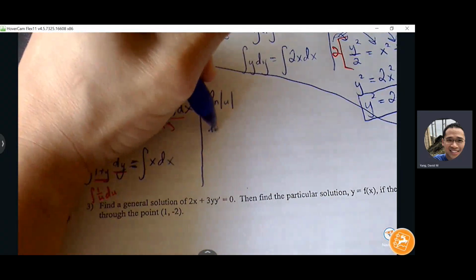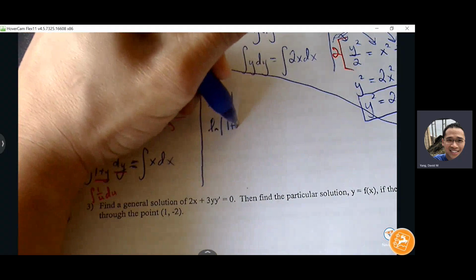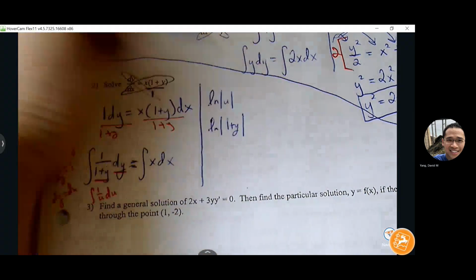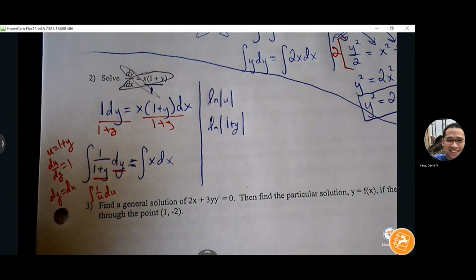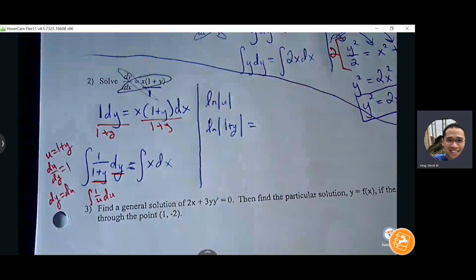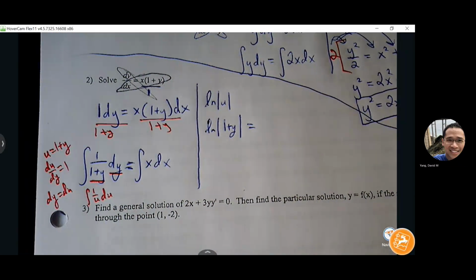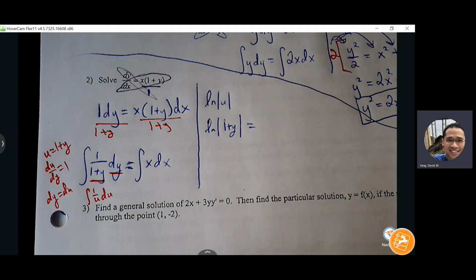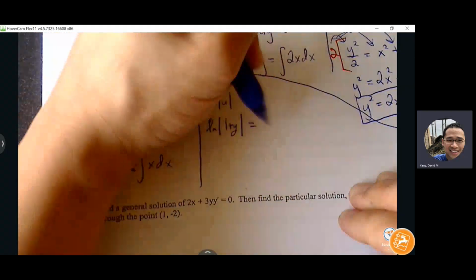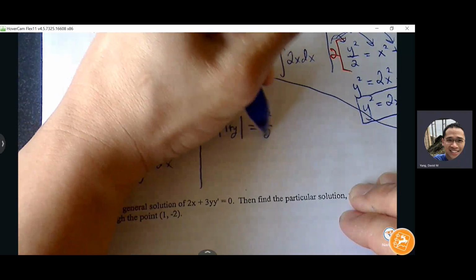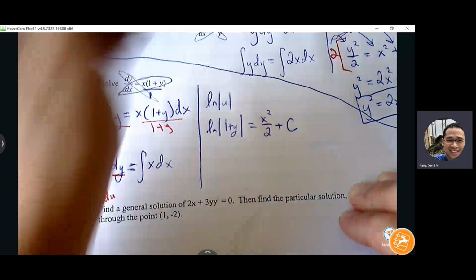So natural log absolute value of 1 plus y equals. What does x become? x squared over 2 plus c.